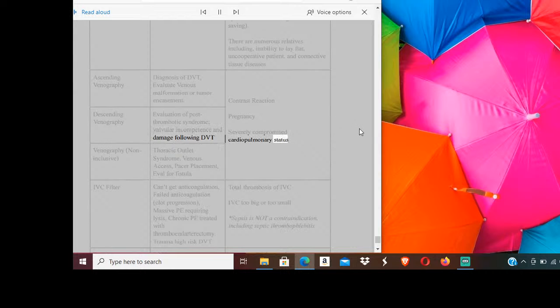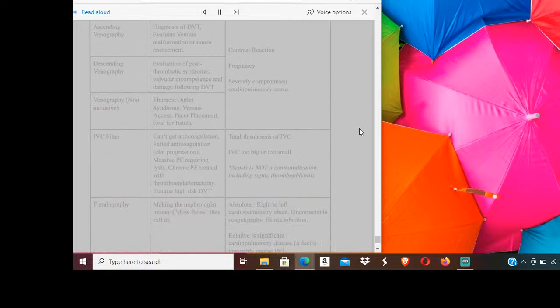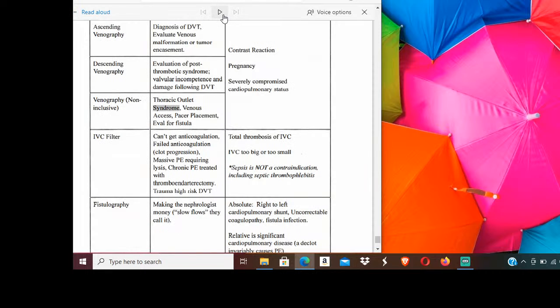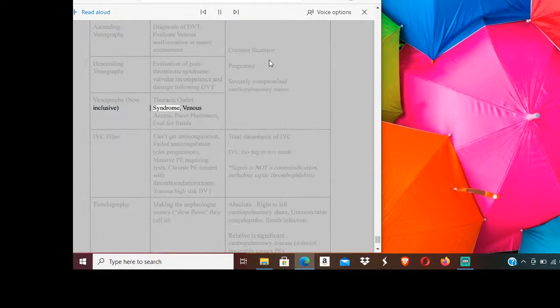Venography also covers thoracic outlet syndrome, venous access, pacer placement, and evaluation for fistula.